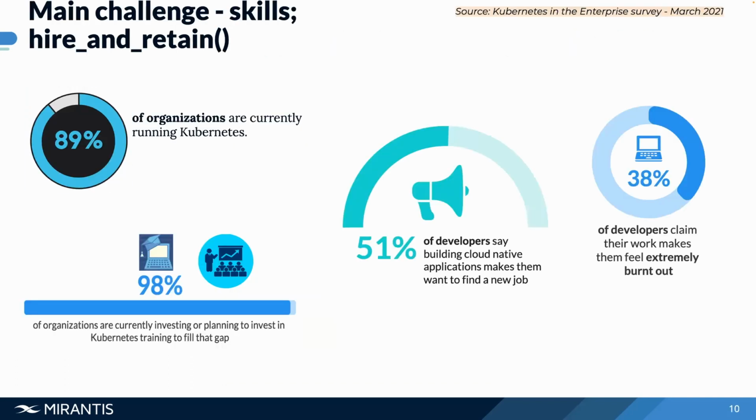The second key challenge is finding skills, hiring them, and then retaining these skills, right? And I do like some of these statistics. This is coming from the Kubernetes in the Enterprise Survey from March 2021. But looking at 2022 and 2023, the trend is exactly the same in terms of finding enough skills, hiring them, and retaining them, right?